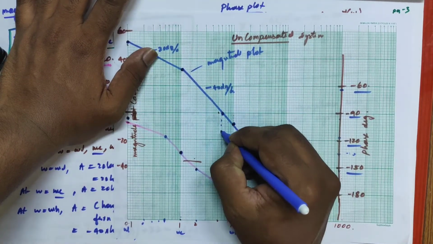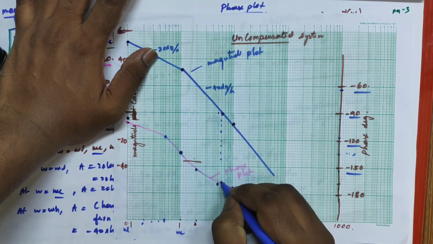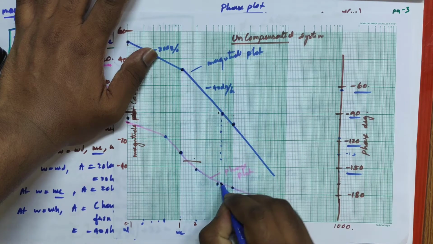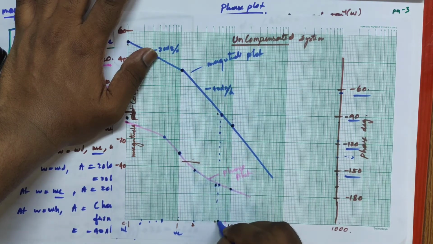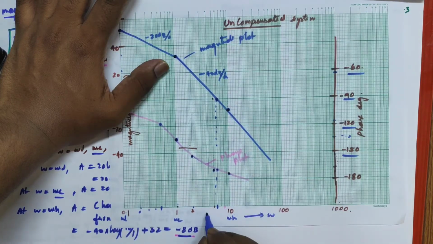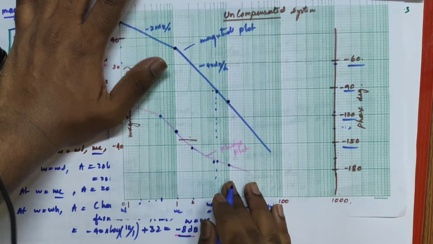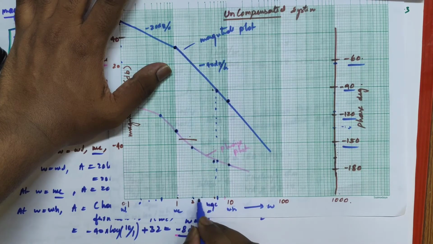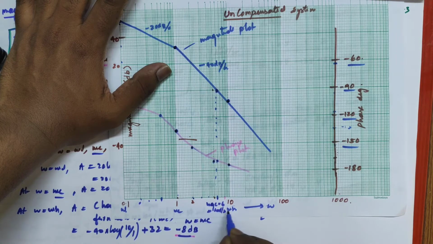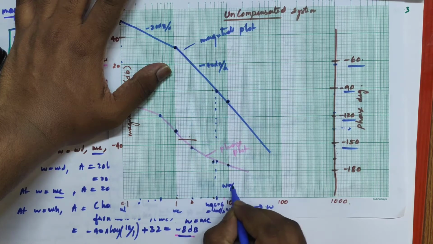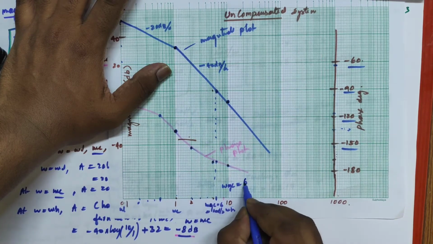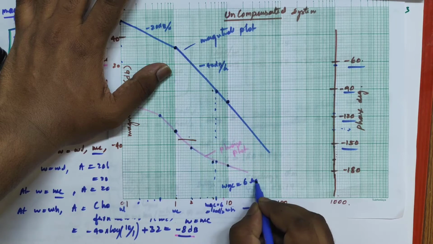If we go straight downwards, I obtain the gain crossover frequency omega c equal to 6 radians per second.